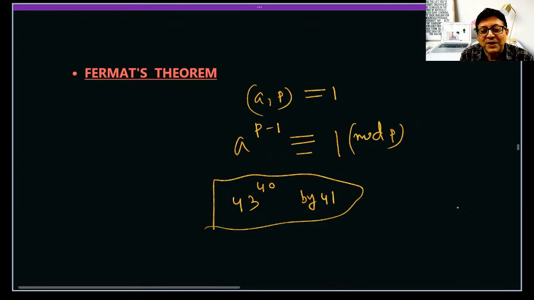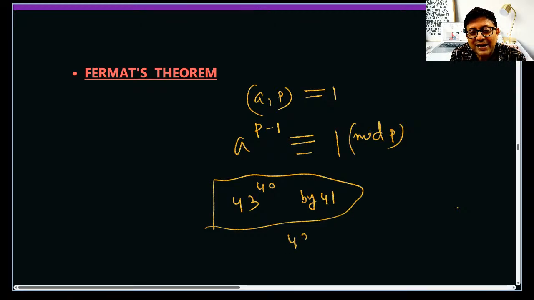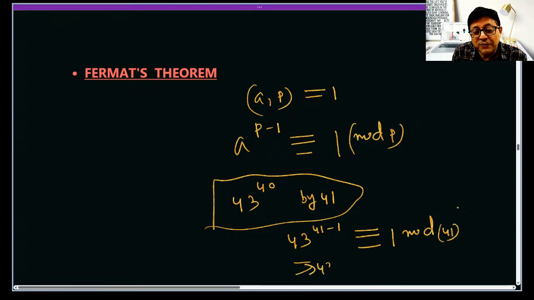It is 1. 41 is a prime number, and a to the power P minus 1 is congruent with 1 mod P. P is 41. Clear? So this implies 43 to the power 40 congruent with 1 mod 41. So in such a huge number, you divide by 41, remainder is 1. You get it in almost one step. This is Fermat's theorem.